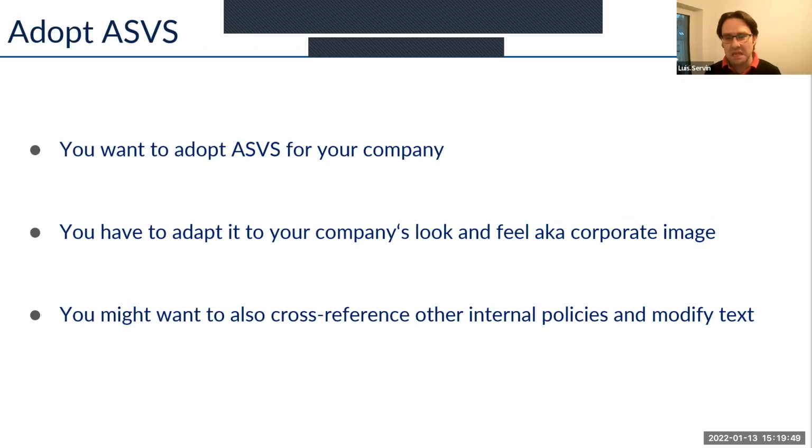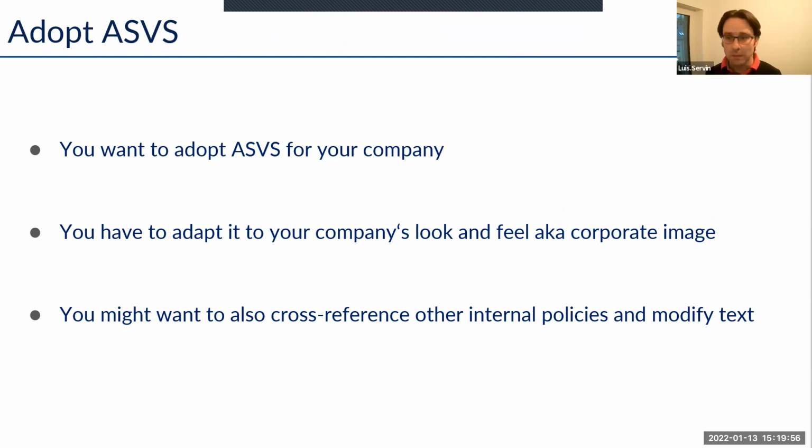So imagine you want to adopt ASVS for your company. Your company might have a corporate image. Your company might have requirements as to versioning control, as to a frontispiece or a first page or a control table that has to be there at the very beginning of the document. Your company might want you to refer to other policies. Or you might say, I don't like the standard narrative around OWASP.